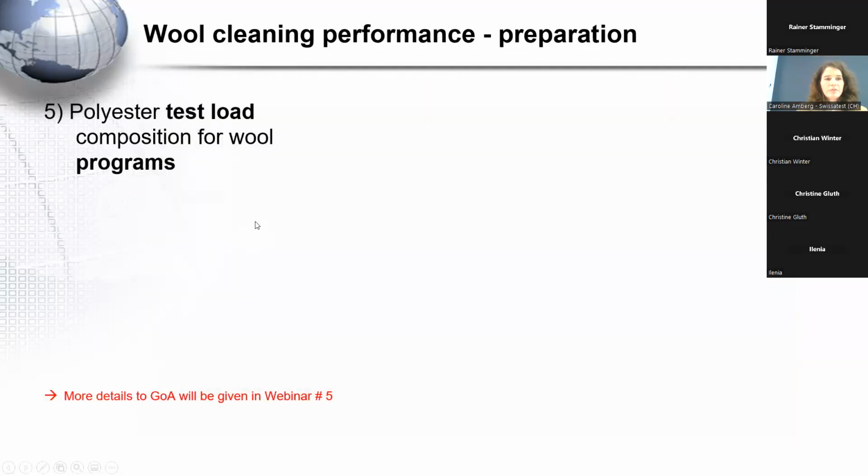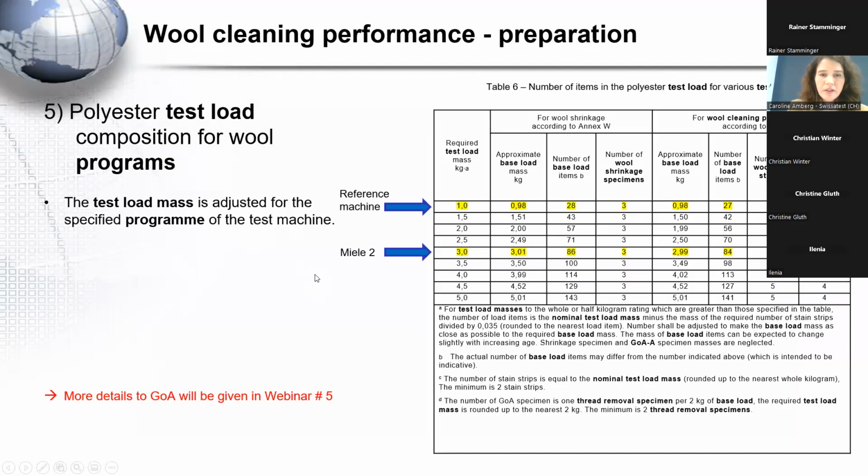Good, then the test load composition for wool programs is described in table 6. And I have already mentioned the relevant one for the round robin test. So for the reference program, 1 kilogram test load mass is needed.